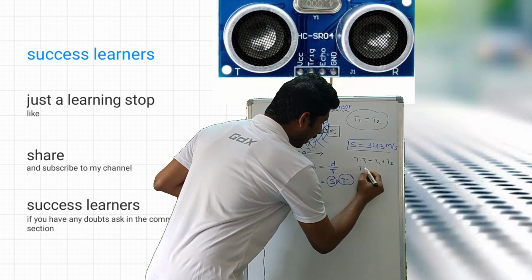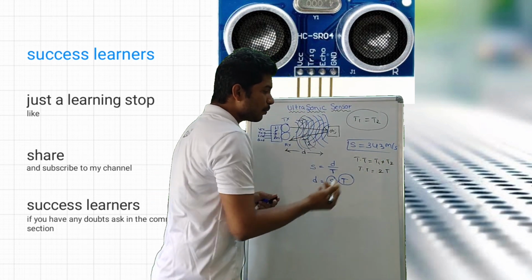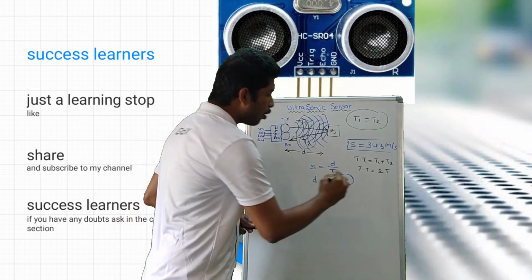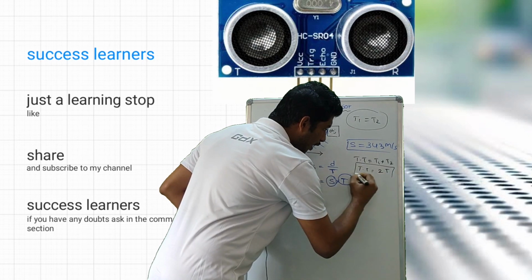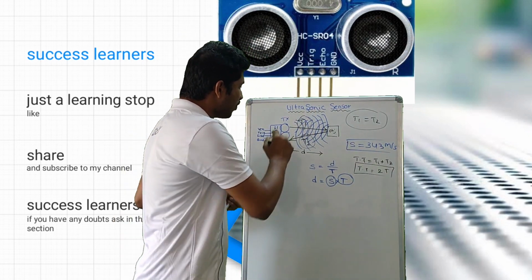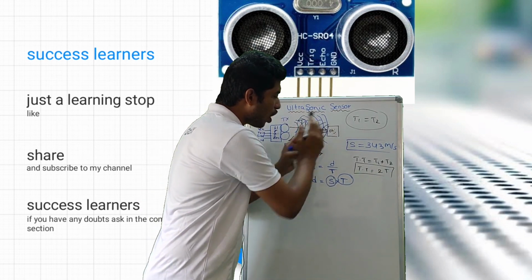So the total time is t plus t. Let us suppose t1 is t, then the total time will be 2t. But we just need to calculate the distance between the transmitter and the object.